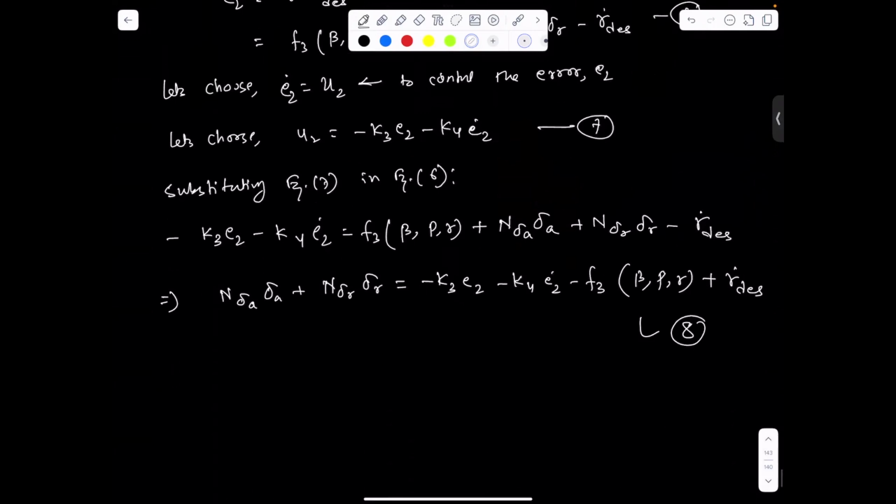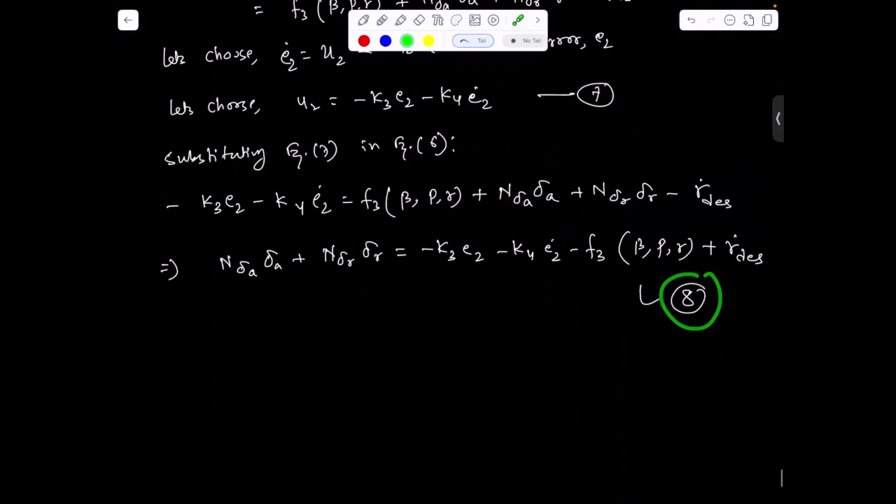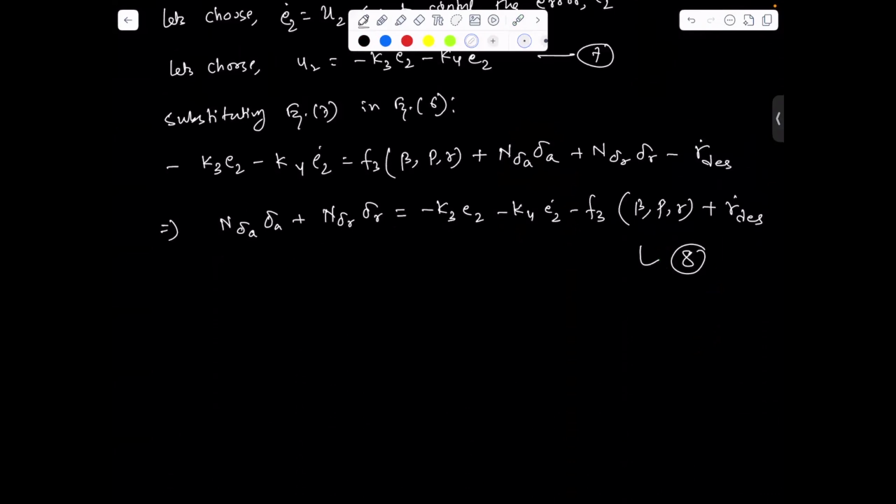Now from equation 5 and equation 8, we can come up with some relation in matrix form.